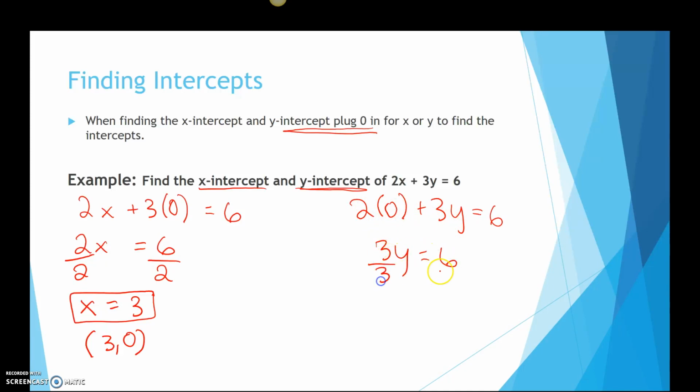Divide 3 to both sides. So y is going to equal 2. What that means on your coordinate plane is the graph is also going to cross the y-axis at the point 0, 2, or at y equals 2. So my final answer for this would be 0, 2. And that is my answer for this example.